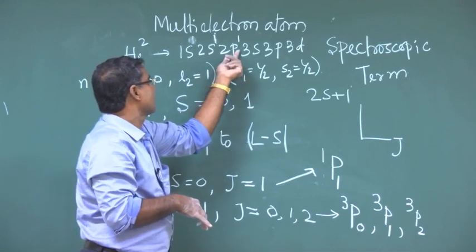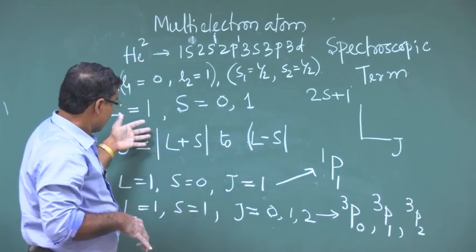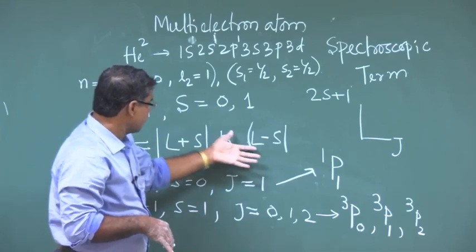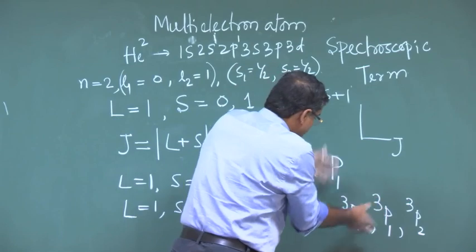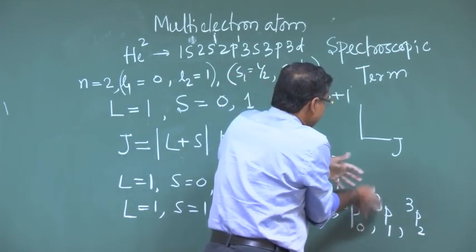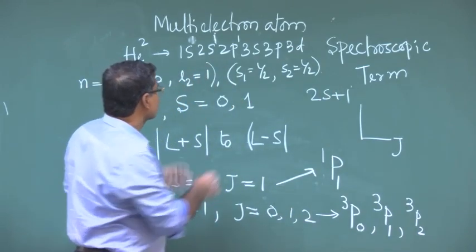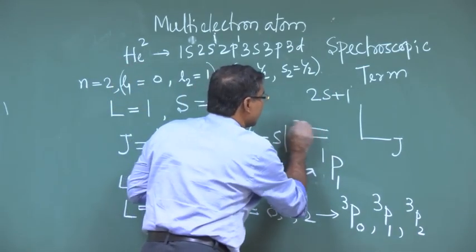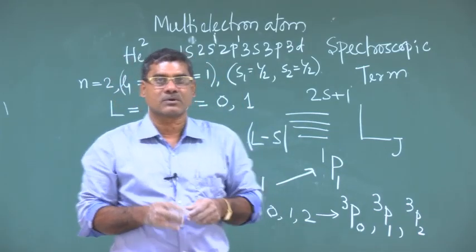Now, due to this coupling, considering the interaction, we are seeing that it will have 4 spectral lines. It can be in one of these 4 states.